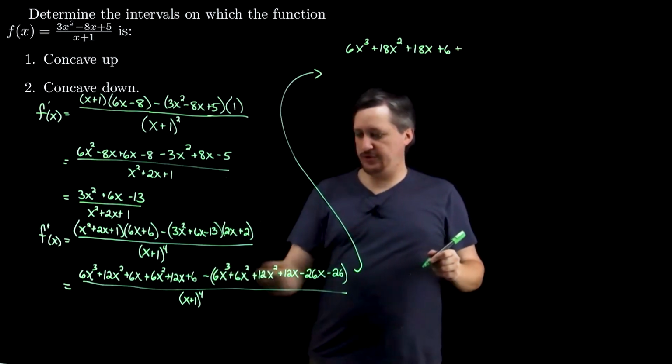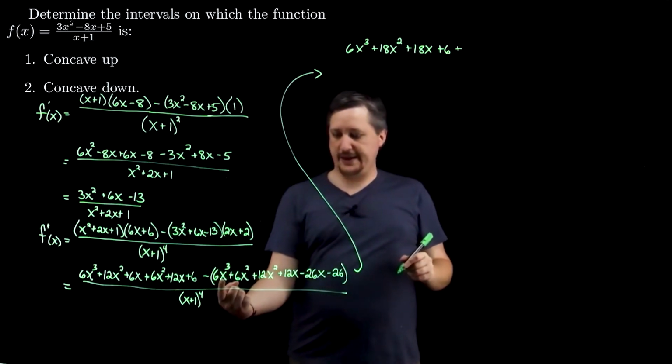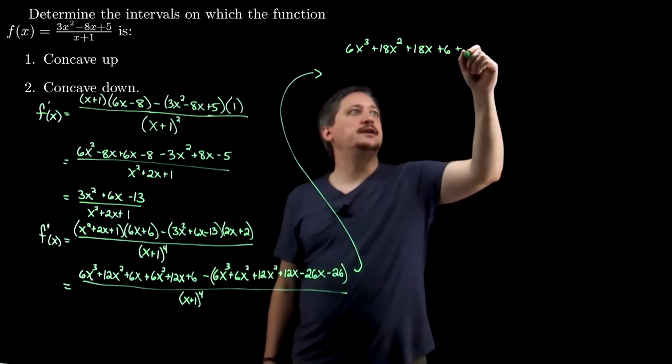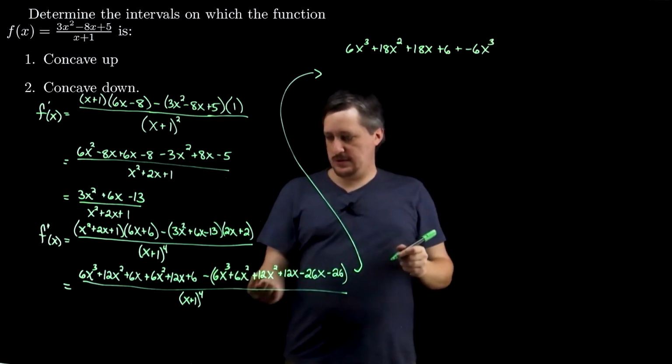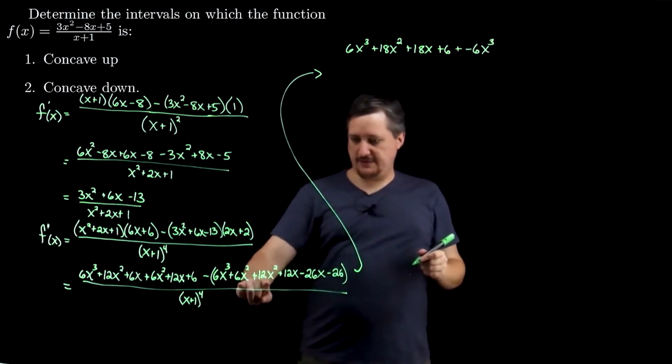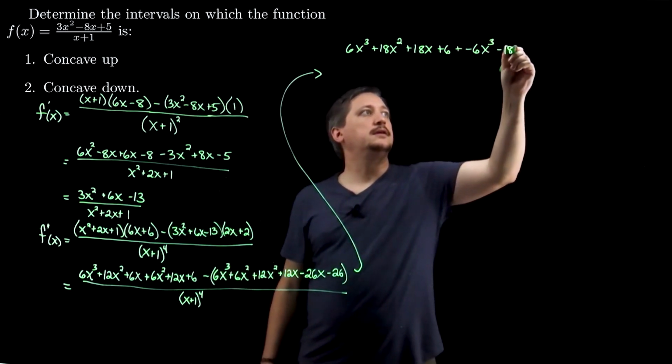Plus. So now I'm going to distribute the negative while I combine like terms inside. So my only x cubed is this one, so I'm going to have a negative 6x cubed. My x squareds, I have 18, so then I'm going to have minus 18x squared.